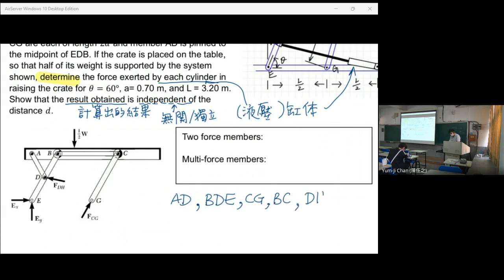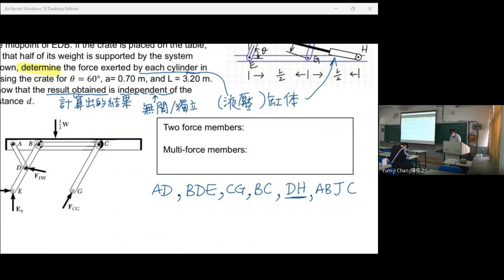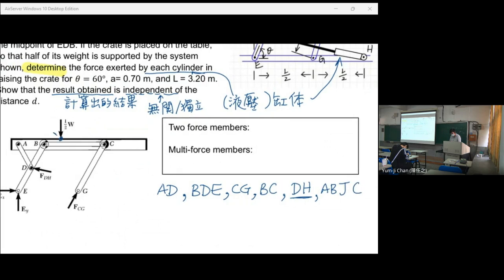DH, and it is a structure. It can change its length, but we first write it down. And the last one is ABJC. J is the point where this force is acting on this platform.